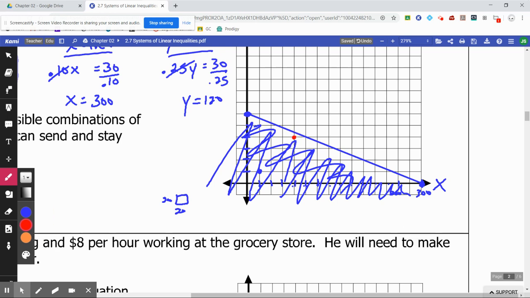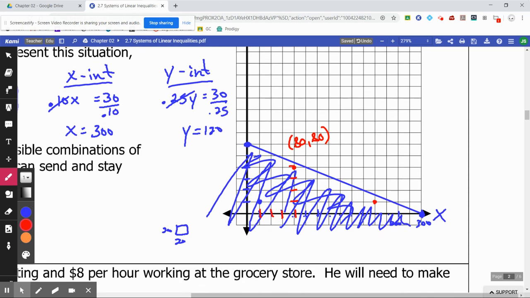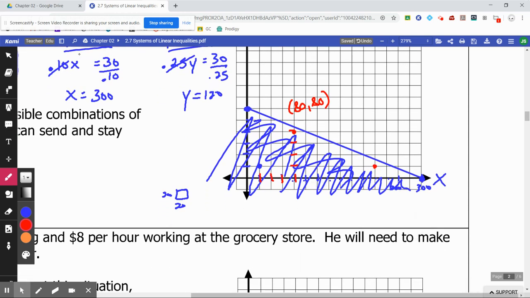That one would be a combination, or way over here, this would be a combination. Remember that we let each box count 20, so that'd be 20, 40, 60, 80 x's, and 20, 40, 60, 80 y's. So she could actually send 80 texts and 80 pictures, and she's within budget. Or she could do this.